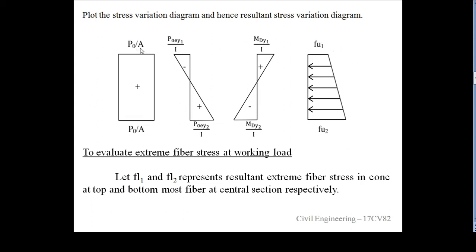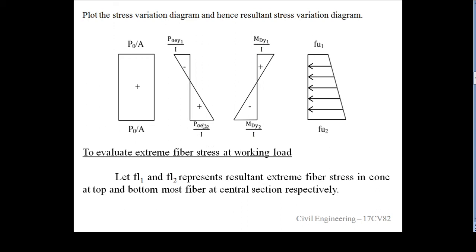P naught by A is the same at top and bottom. P naught E Y1 divided by I is negative, because E is negative here. Then P naught E Y2 divided by I: here E is minus and Y2 is minus, and minus into minus gives plus.